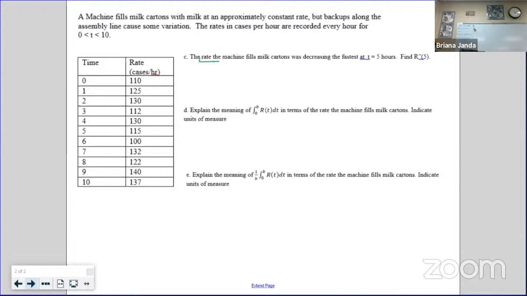The rate, R of t, is decreasing. It's decreasing, right, when your derivative is negative. So we're talking about the derivative of R of t. And we're talking about when it's actually decreasing, when the slope of that tangent line is an extrema.